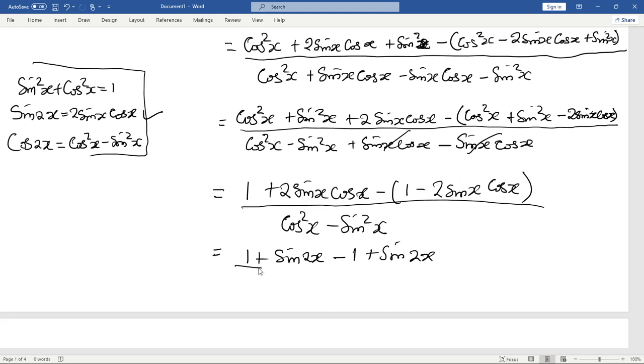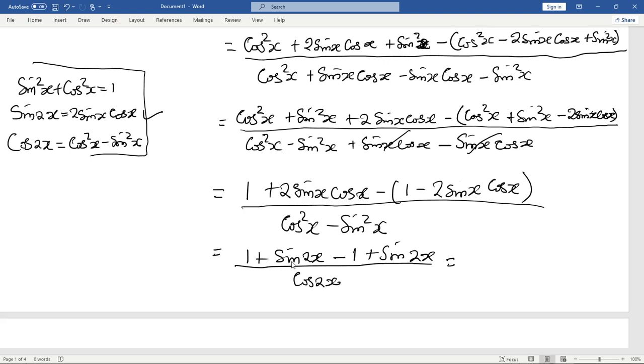Now we check what we have below. We have cos squared x minus sin squared x, which is an identity for cos 2x. On top, positive 1 minus 1 gives a 0.